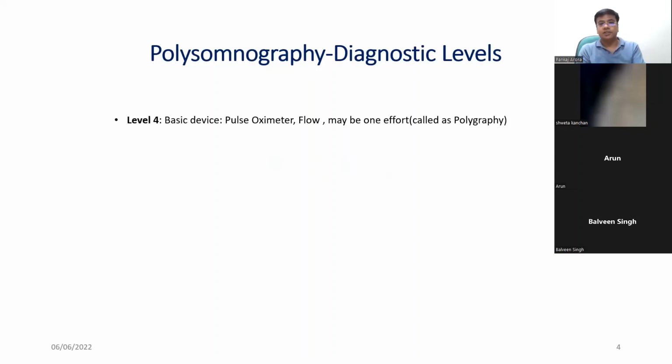Level 4 is a basic device which will have a pulse oximeter, flow, and maybe one effort channel, but generally it's pulse oximeter and flow, and it is called polygraphy.